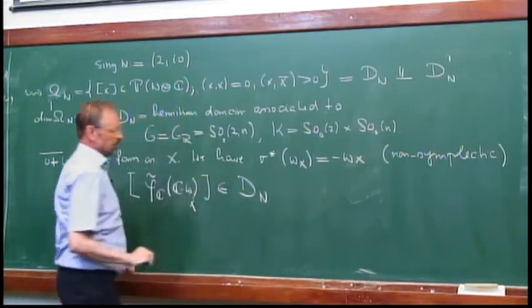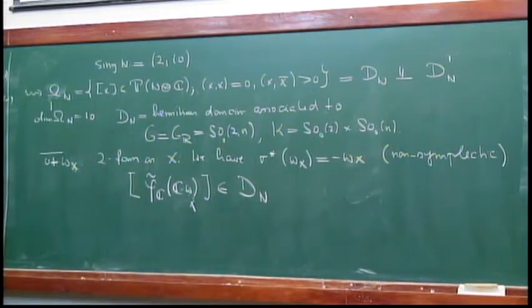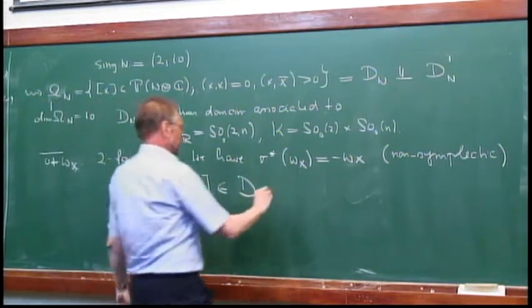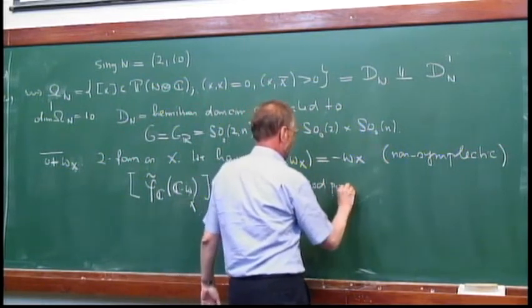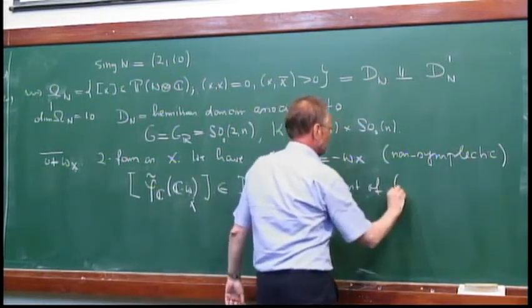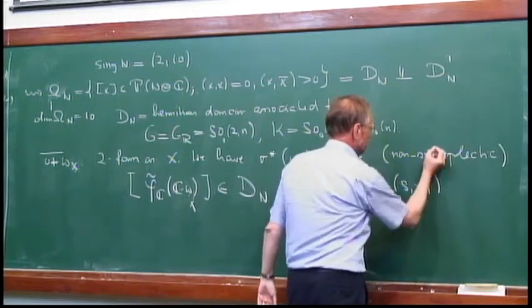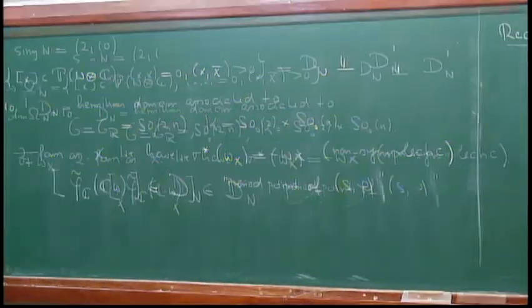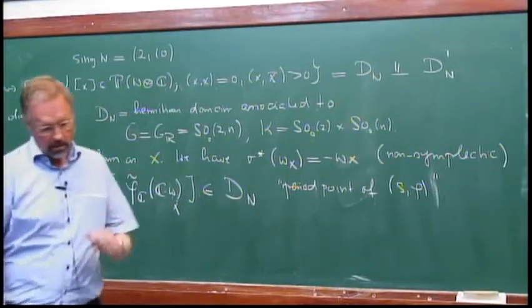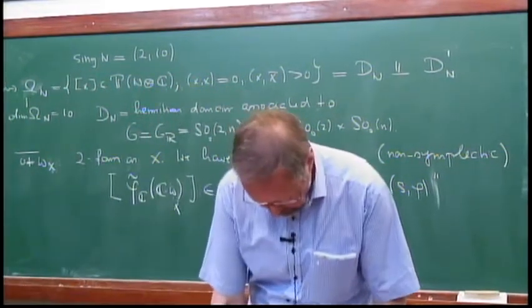And nothing really stops me to put that into D_N. So this will become the period point of the marked Enriques surface, which is really a period point of a K3 surface. Okay, so that's that.